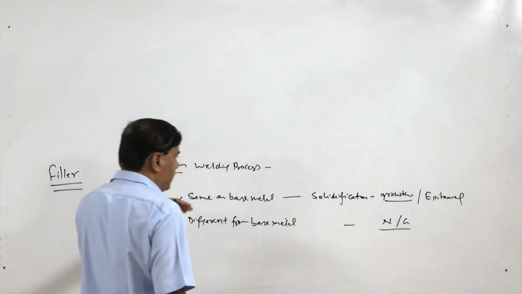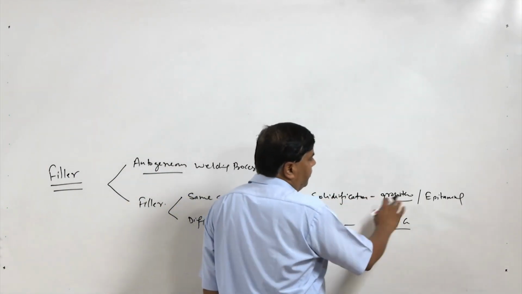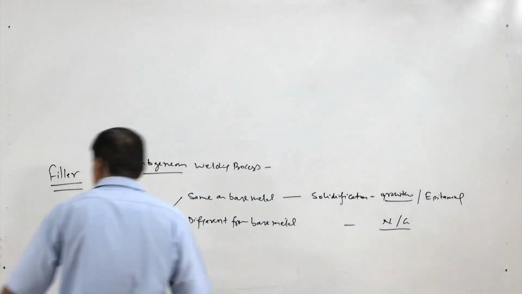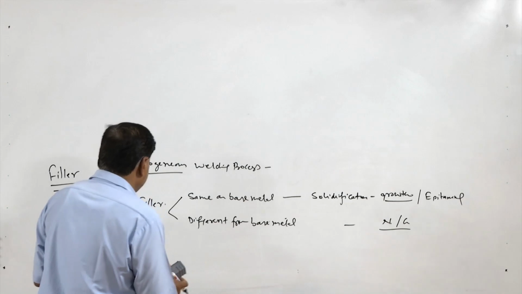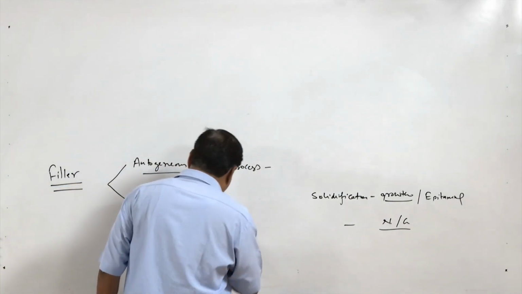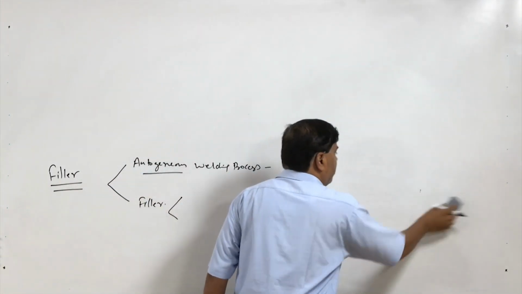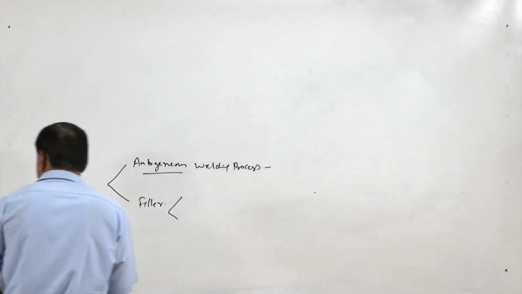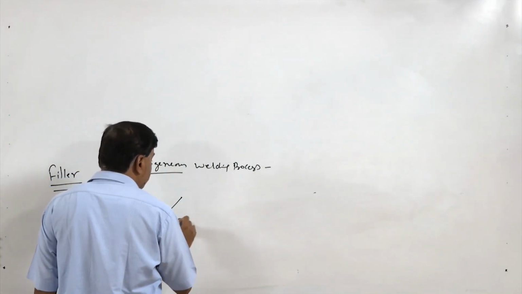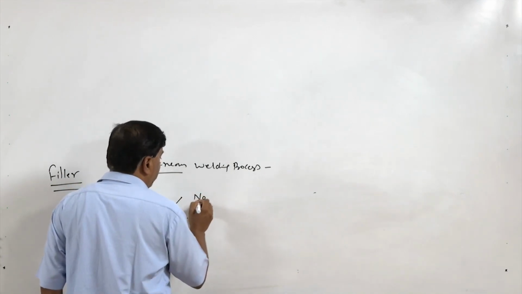This is one case where, in most of the cases, when the matching filler is used, the solidification is achieved this way. Then you will see there are certain processes which do not use any filler, certain processes where filler may be used or may not be used, and processes where filler is used compulsorily.